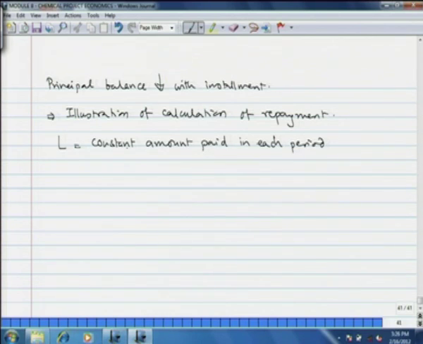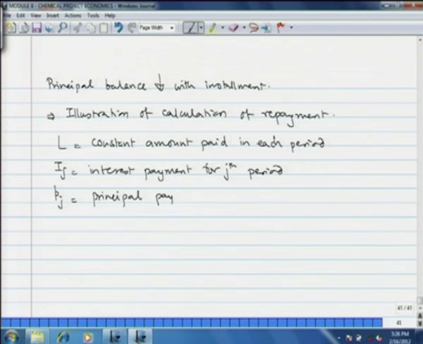Now, as I said, L contributes to both interest payment and principal payment. So, let Ij denote the interest payment for jth period, and let Pj denote the principal payment for jth period. J is the period of payment.